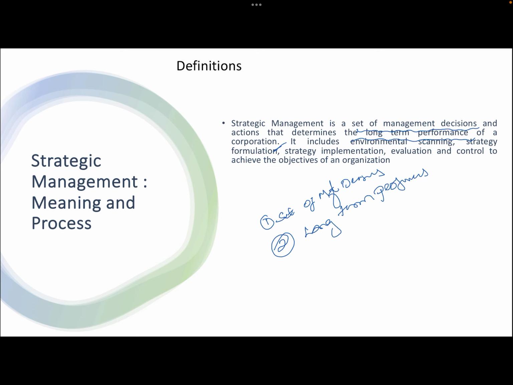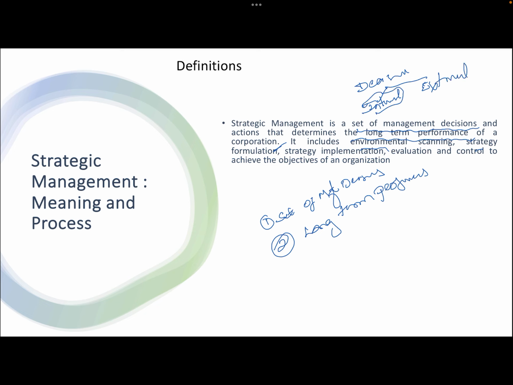Then what is the process of making strategic decisions? The first one is environmental scanning. Whenever any decision is to be made, the company should look into its internal environment and its external environment.